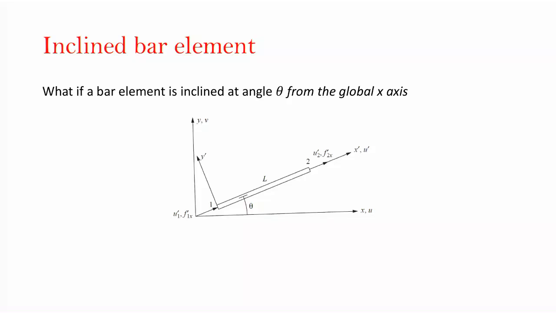when we decompose u prime 1 and u prime 2, you can see that we have some components in U1 and V1 and U2 and V2. So that's why we're going to have 4 degrees of freedom in terms of the global coordinates.